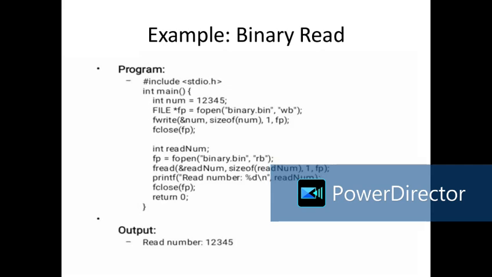Example for binary read: FILE *fp equals fopen record.bin, rb; struct student s; if fp is not equal to null, open the bracket, fread &s, sizeof(s), 1, fp; fclose fp; printf read %s %d %.1f, s.name, s.id, s.gpa. We will see: read Nina 102 9.0, just like that, accurate and fast.